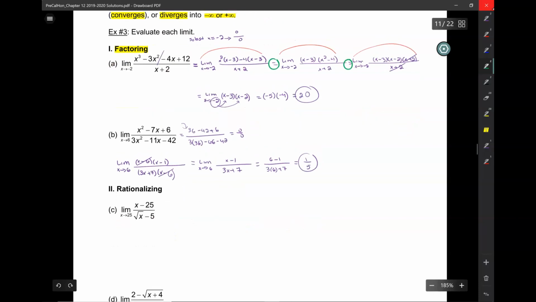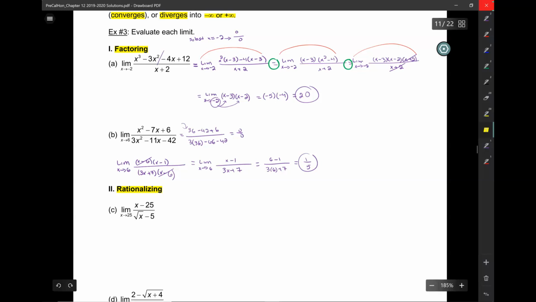Okay, let's move on. So that was one way to solve the indeterminate form problem. Another solution to the indeterminate form scenario is rationalizing, right? And when do we rationalize? We rationalize when we've got a situation with square roots. Okay, so take a look at this problem.